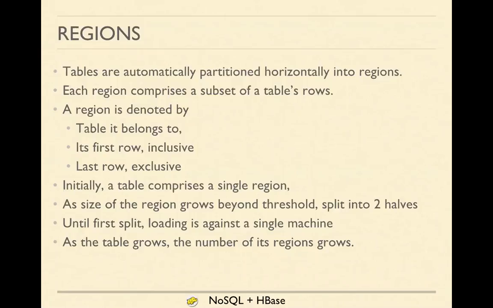The first row is inclusive. Initially the table contains only a single region. As the size of the region grows beyond a threshold, it splits into two halves and becomes two regions. Until the first split, all the loading will keep happening against a single machine, right? So as the table grows, the number of regions also grows.